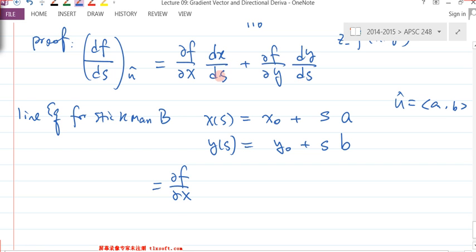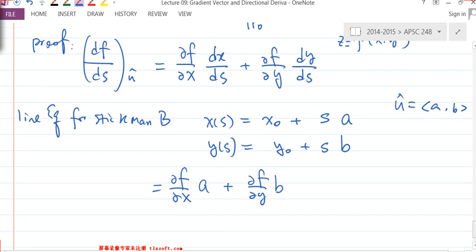But dx over ds, according to the parametric equation, what is that equal to? a, exactly. And dy over ds is just b here. So this is the directional derivative, based on df over ds.